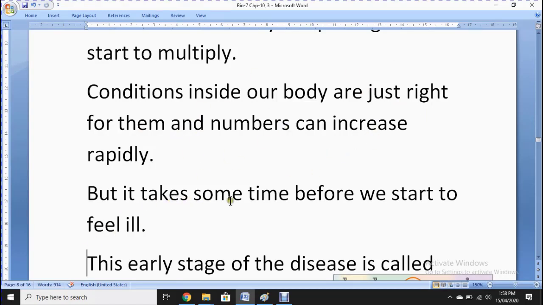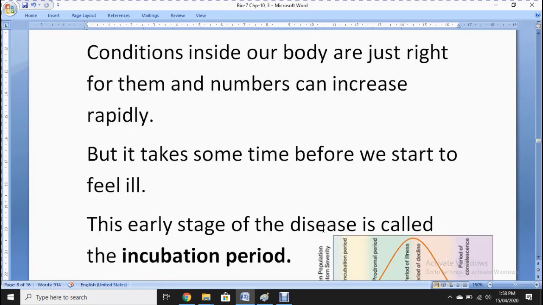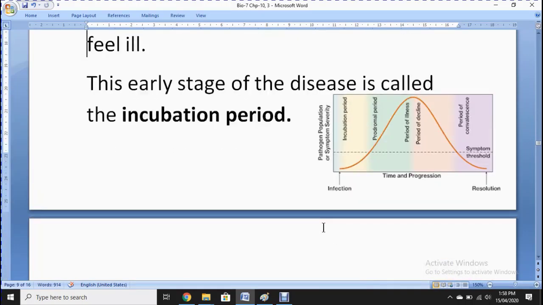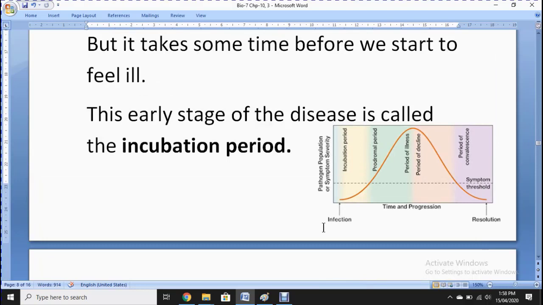But it takes some time before we start to feel it. As they enter, we don't feel them so quickly because their number is low. They don't show a response in our body quickly; they will take time. This early stage of the disease is called the incubation period. You can say their infection starts here.